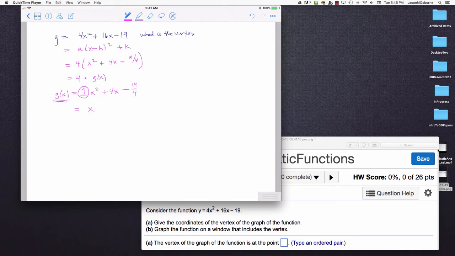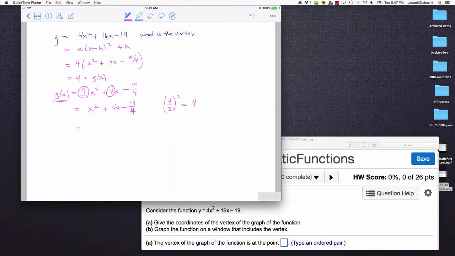Now you can focus on g of x. What you need to do is look at the coefficient in front of the x. You take half of that and then square the answer. So 4 over 2 is 2, and 2 squared is 4.